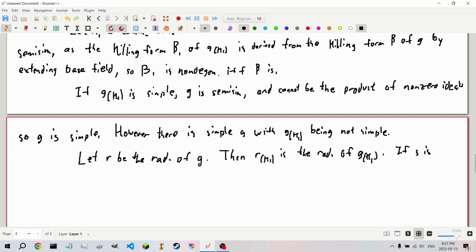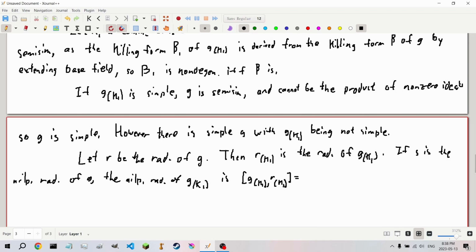If S is the nilpotent radical of G, the nilpotent radical of G extended to K1 is the bracket of GK1 with RK1, which is the extension of the bracket to K1, which is equal to the extension of the nilpotent radical.